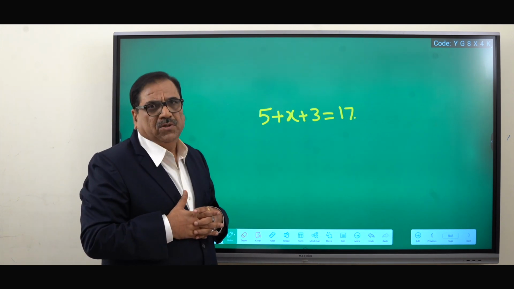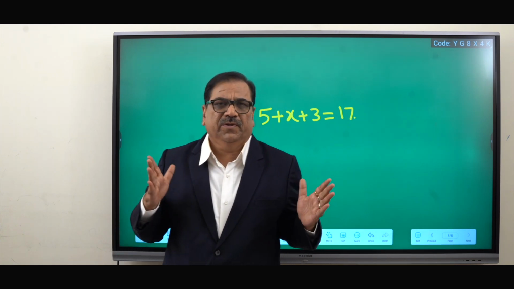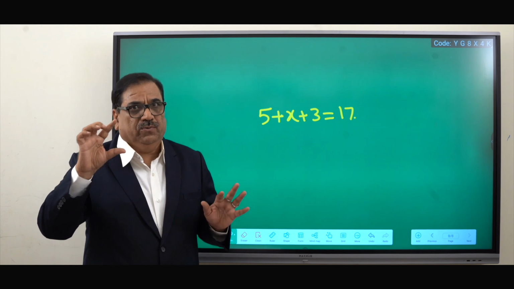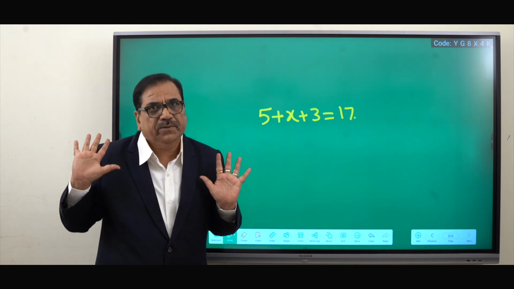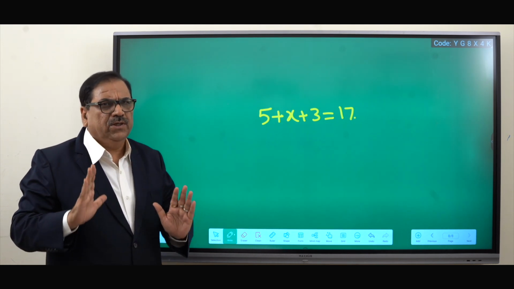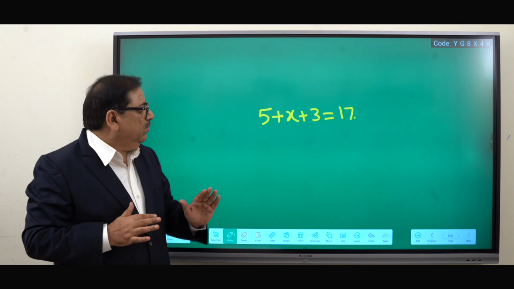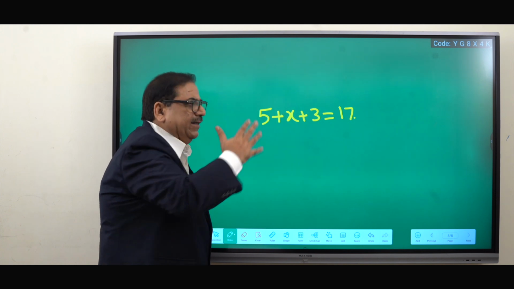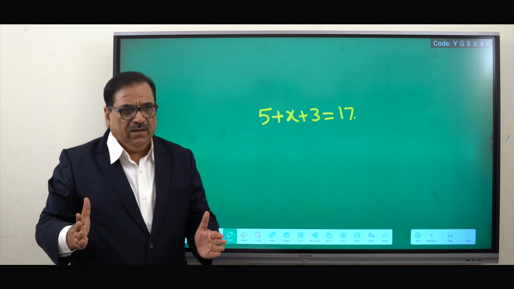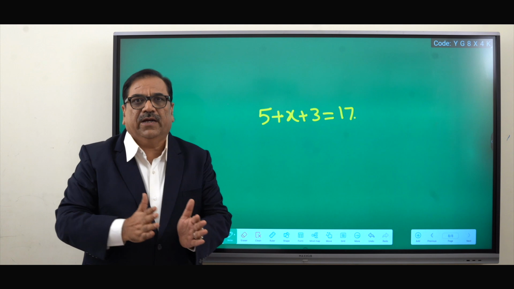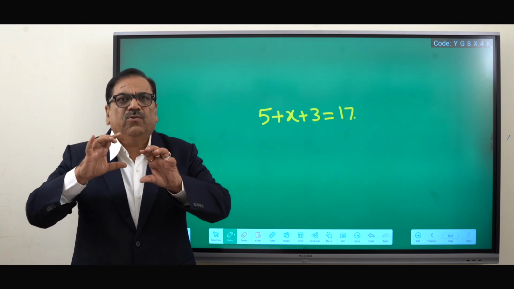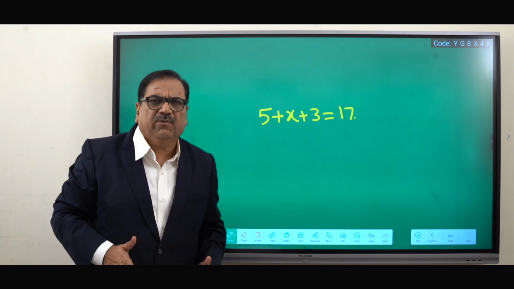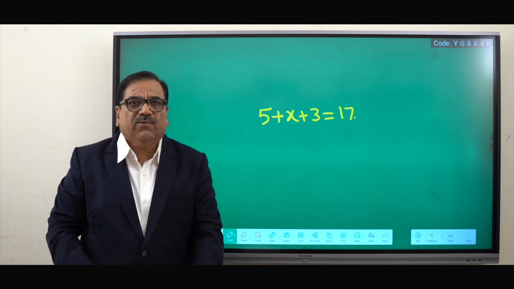Remember, the most important part in an equation is the equal to. There are always two sides of the equation: one is the left hand side and the other is the right hand side. And when the left hand side and right hand side are totally equal, no discrepancy, then it is called an equation.